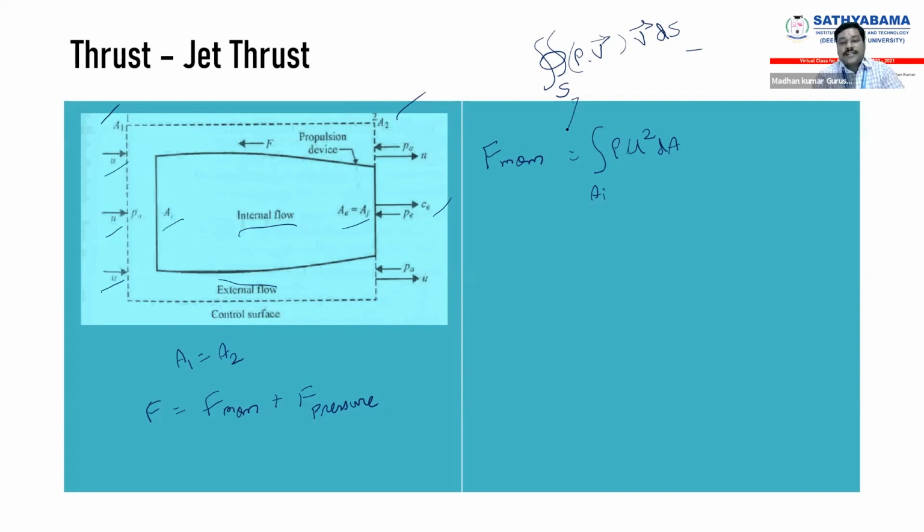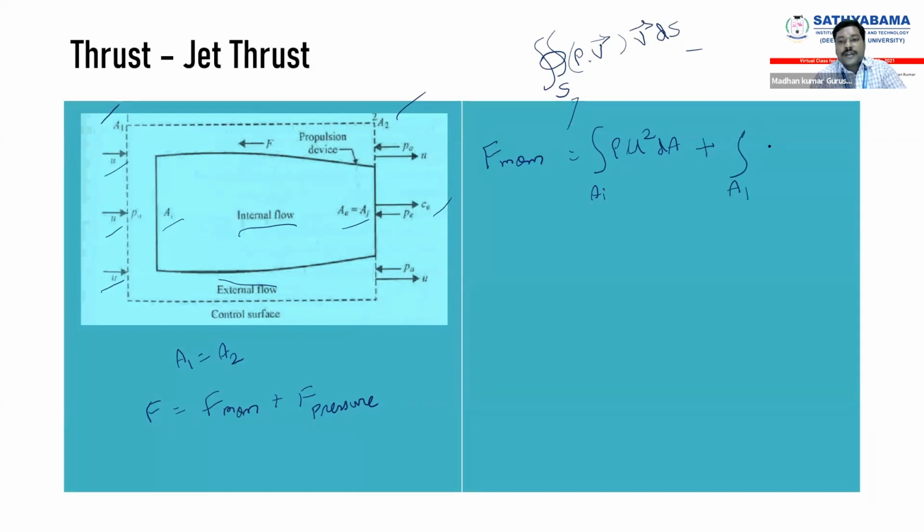So I'm going to do the same step for the other cases. If you are considering it as an inlet area, then it is AA. And then you are also considering the other case, integral over A1, since we have the external flow.